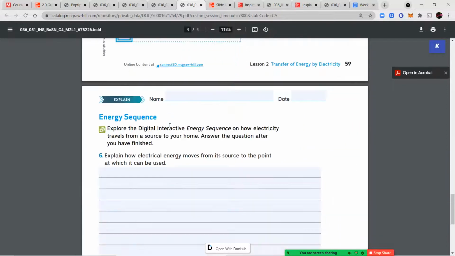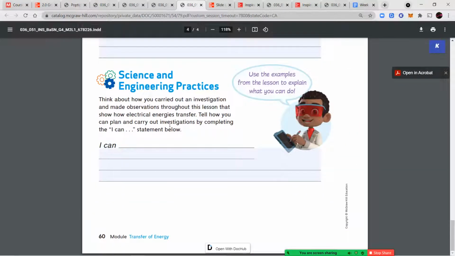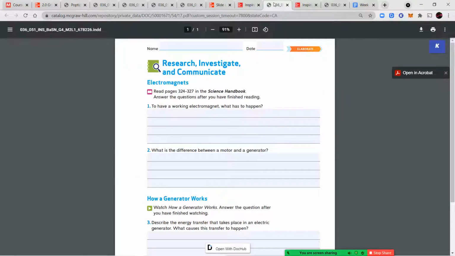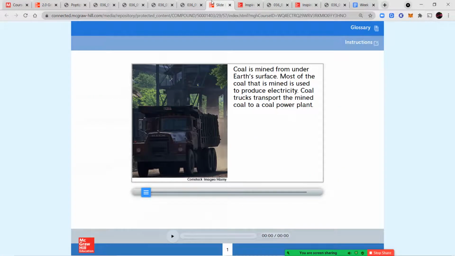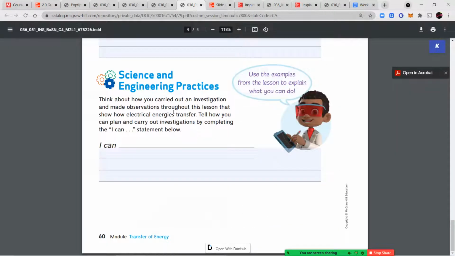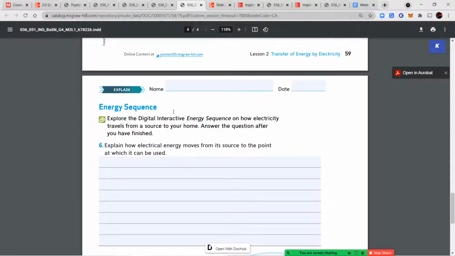Now, once we've completed page 58, we're going to go on and take a look at page 60. Oh, sorry, we had already gotten here.